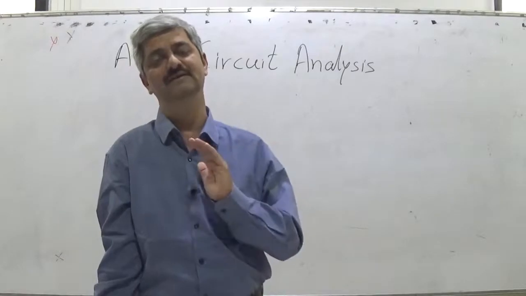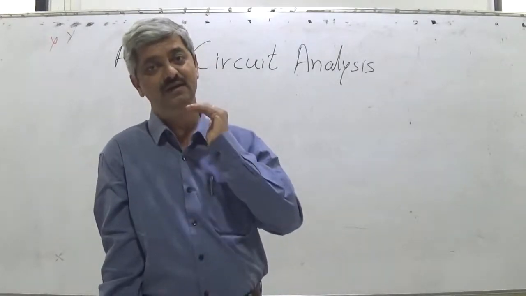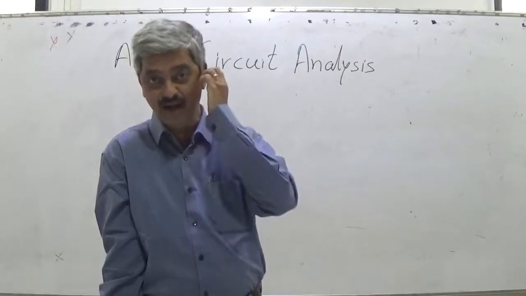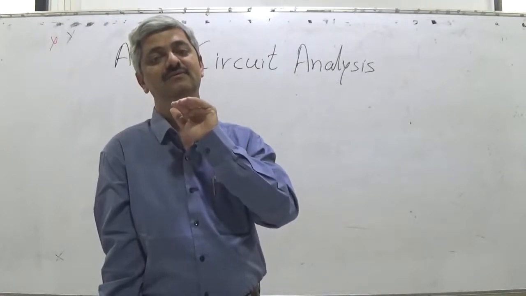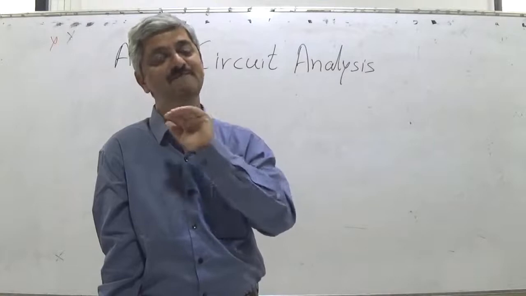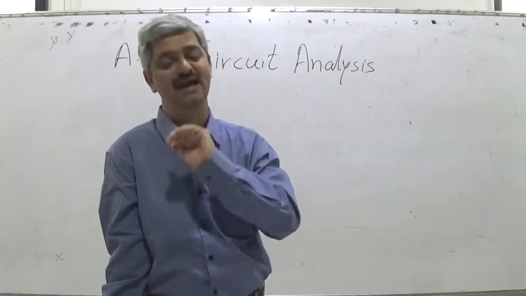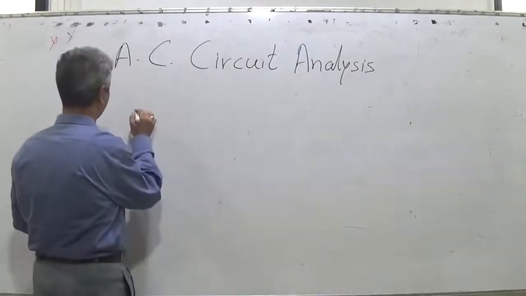For capacitor current is A upon some impedance sine of omega t plus phi, but that impedance is complex, it is imaginary. So I am again telling same thing in different language.